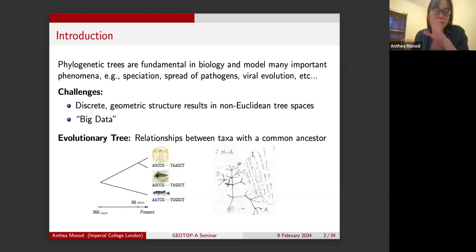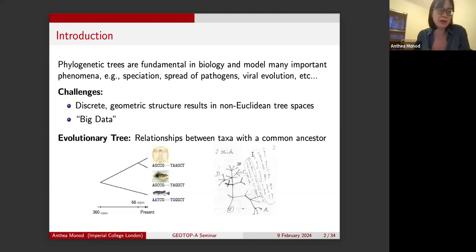They capture all kinds of different relationships in biology, and it's really important to understand how to work with them. But they are difficult to work with because they are discrete geometric structures, and moreover, the collection of all these trees is a non-Euclidean tree space. In biology, these trees can also become very, very big, right?